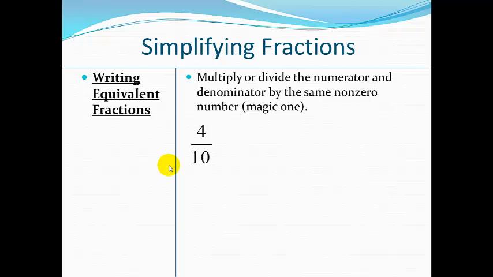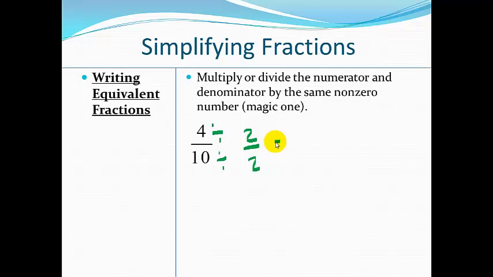So multiplying or dividing the numerator and the denominator by the same non-zero number. Okay, so when we're doing this, some people will call it the magic one. Some people will call it the copycat, because when we're looking at 4/10, I'm going to divide it by the same fraction, 2 over 2.